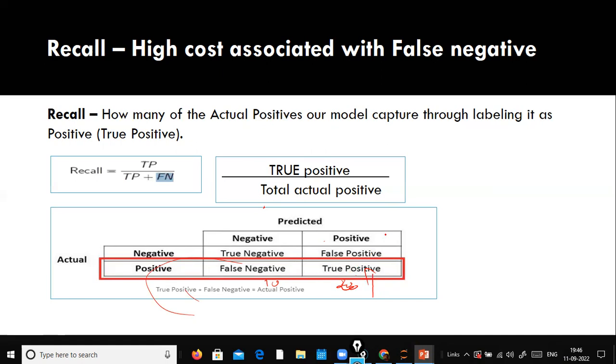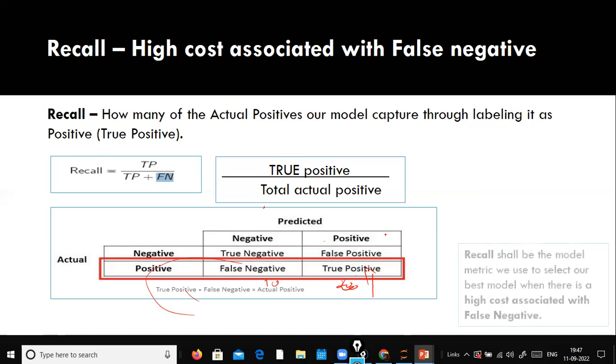So when should I use recall? If you think your false negative is very high, in that kind of situation you can go for recall. With these metrics, you should be able to come to a conclusion whether your model has done a good job or not. Recall shall be the metric we use to select our best model when there is a high cost associated with a false negative.